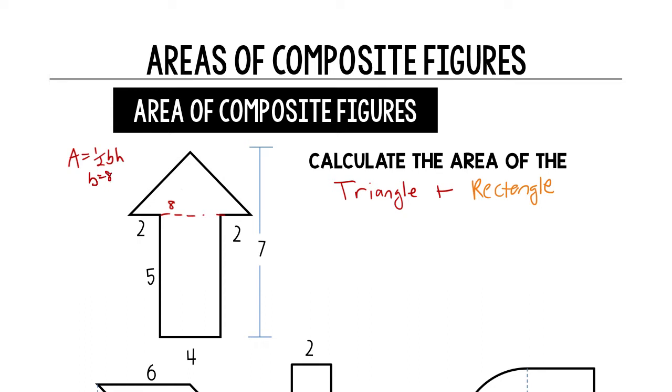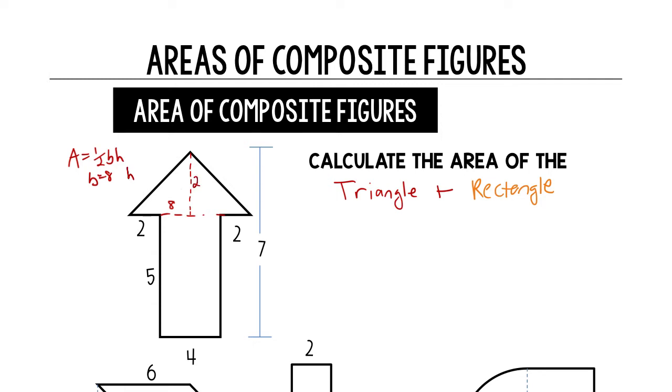Now, the other thing we need to find the area of our triangle is the height. And that's going to be from the highest point to the base. So let's use what else we know. We know that this length of this rectangle that we're going to find the area of is 5. And we know that from the very bottom to the very top, our area is 7. So that means if this is 5, this area is 7 minus 5, or 2.